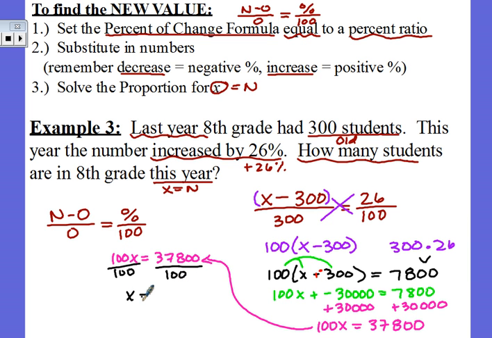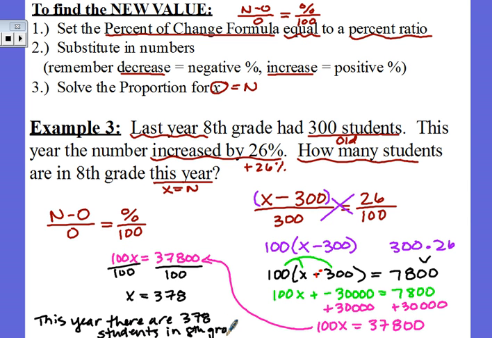And we get x equals 378. So we say this year there are 378 students in 8th grade.